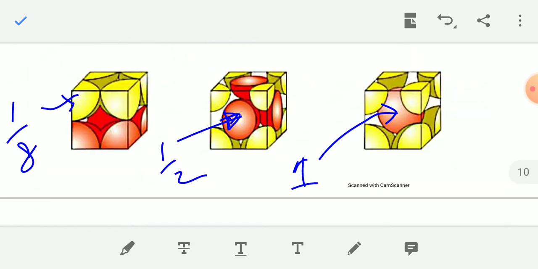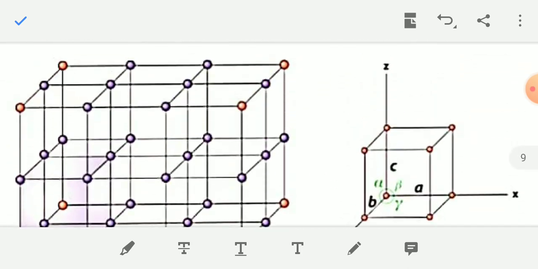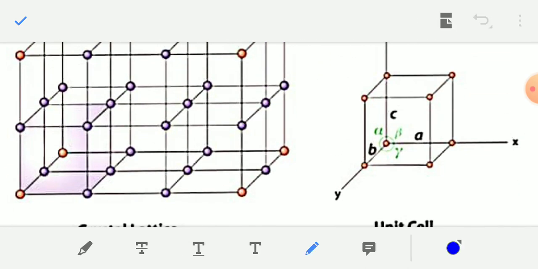I have already told, a unit cell is described three-dimensionally by three axes x, y, z, and three angles alpha, beta, and gamma, three axes and three interaxial angles.